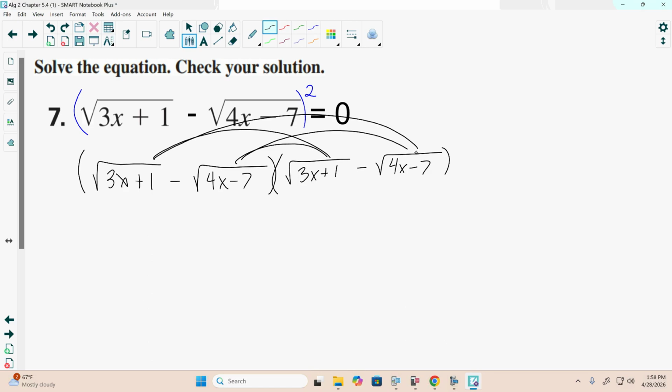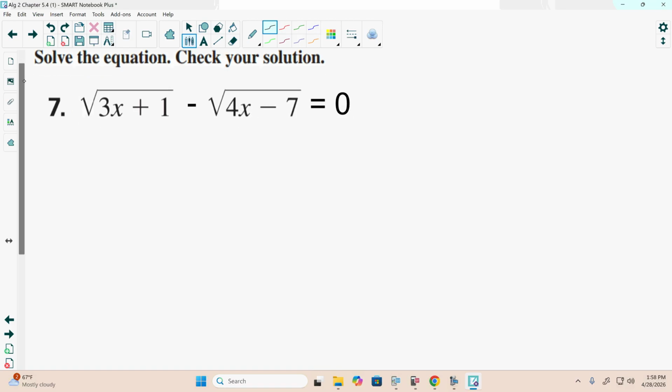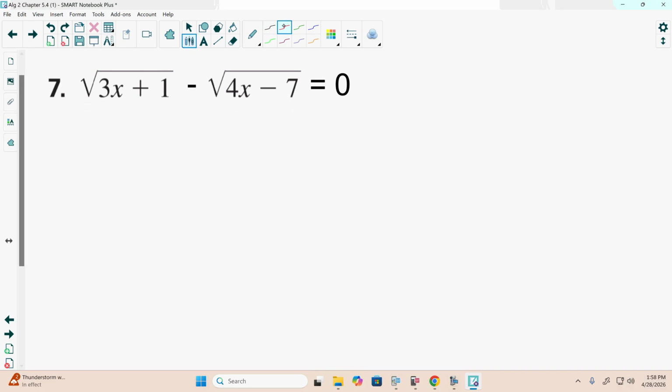I'm not going to walk that through, at least this hour. If you want to see that walkthrough, I did it last hour. It changes this problem significantly, at least in steps. The solution's still the same, but the first thing I would want to do is move that radical to the other side.